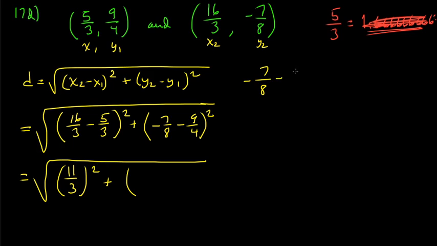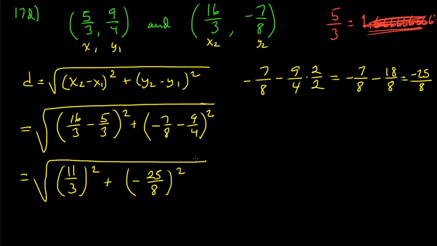Or they're both negative, but that's okay. So the least common denominator here is 8. I'm going to multiply top and bottom by 2 on the second fraction. So I get negative 7 over 8 minus 18 over 8, which is negative 25 over 8. And then we got to square that as well.